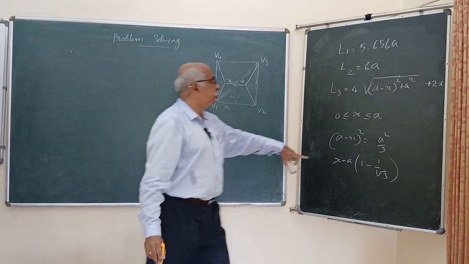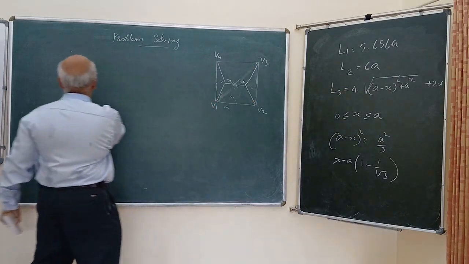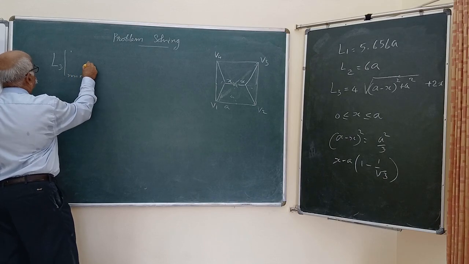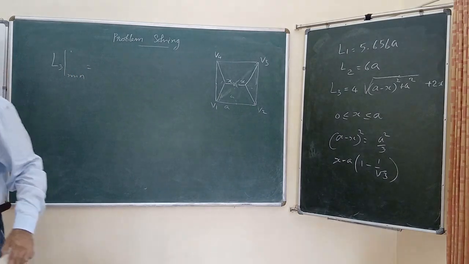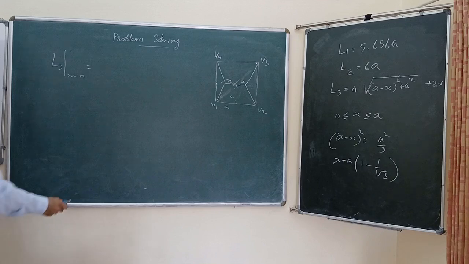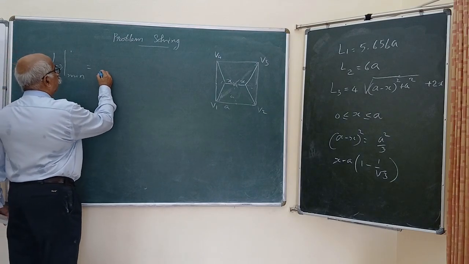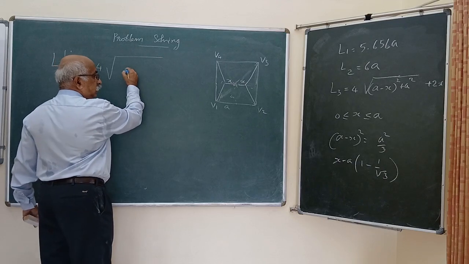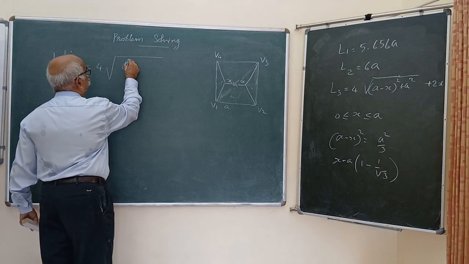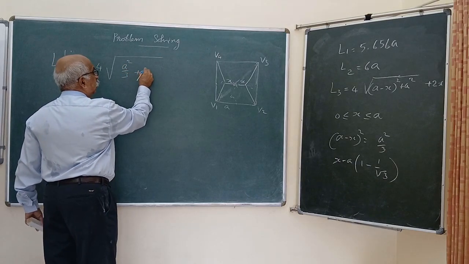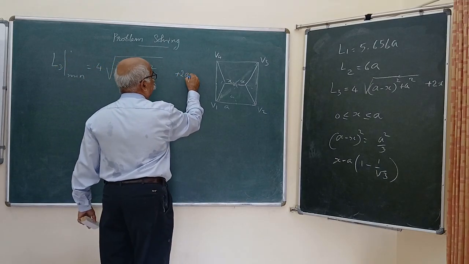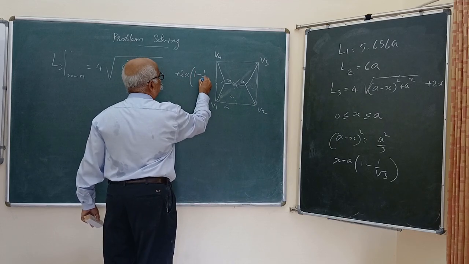We can make substitutions here. L3 minimum is equal to 4 times the square root of (a minus x) square, which is a square by 3, plus a square, plus 2x, that is 2a into 1 minus 1 by root 3.